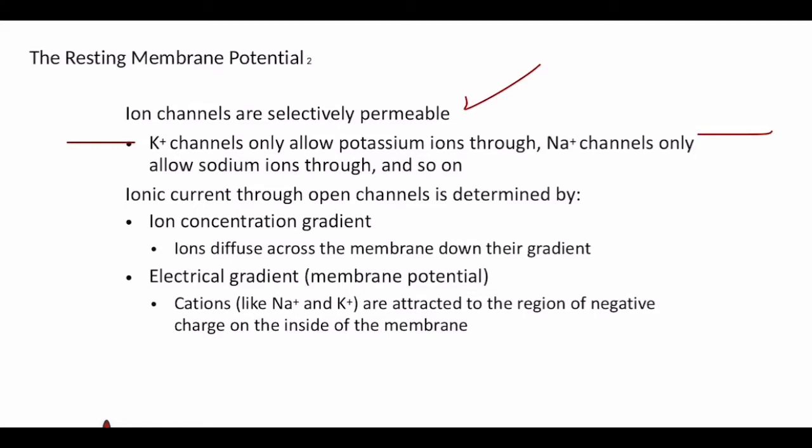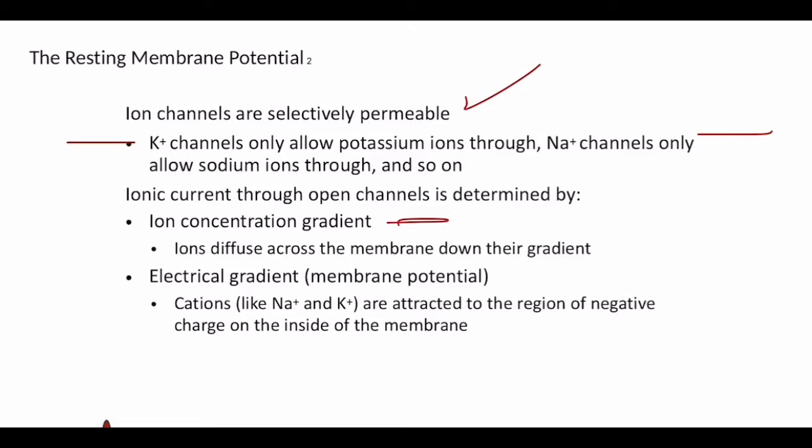Ionic current through open channels is determined by things like the ion concentration gradient. Concentration means how much of something there is, and the gradient means how stacked up and pressurized it is. If there's a lot of it, we're going to have a pretty busy, high-flow current. If there are not too many of those ions that want to come in, it's going to be a slower current.